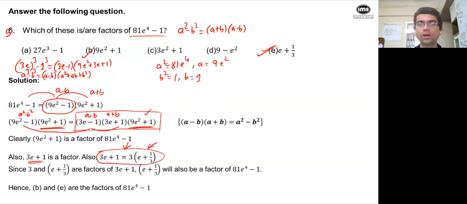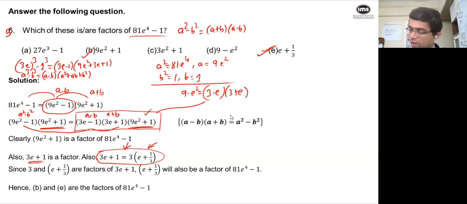What about option Astha? 9 minus e square. So if I look at 9 minus e square, how can I write it as? It will be (3 minus e)(3 plus e). Correct? Now, do you see them in the factorization? 3 plus e is not there in the factorization, right?